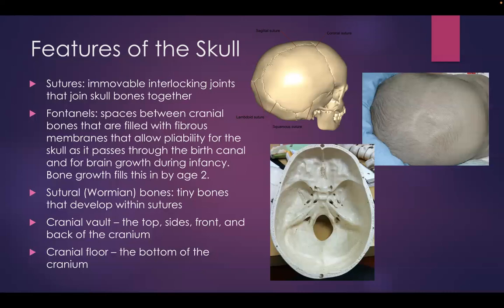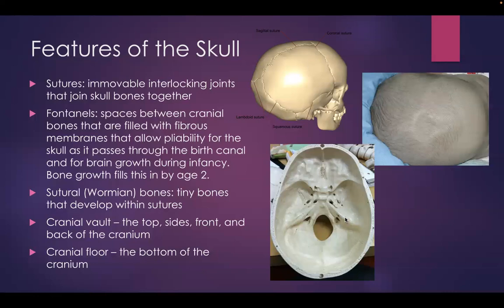So the bones have to have that extra pliability to move. But it also will allow for the rapid brain growth that occurs up to age 2. And then there's sutural bones or wormian bones, tiny bones that develop within the sutures.